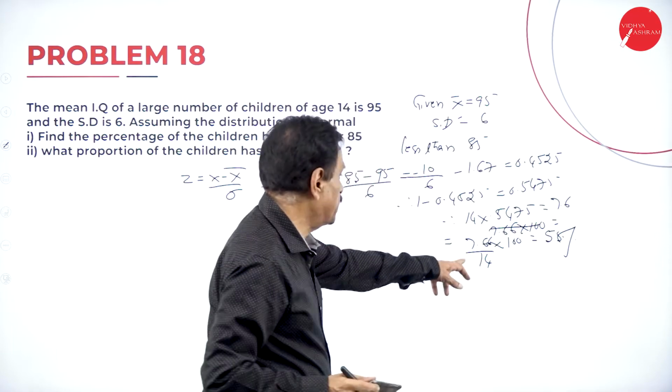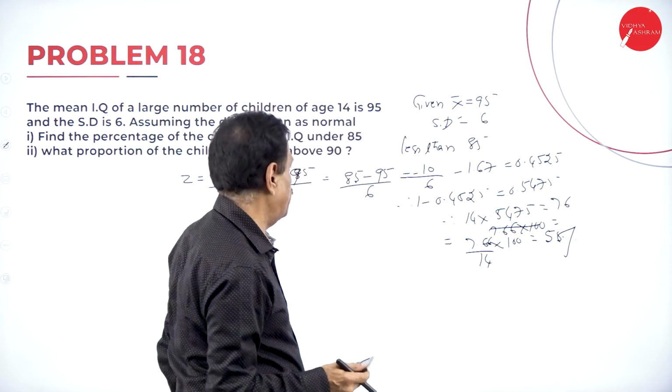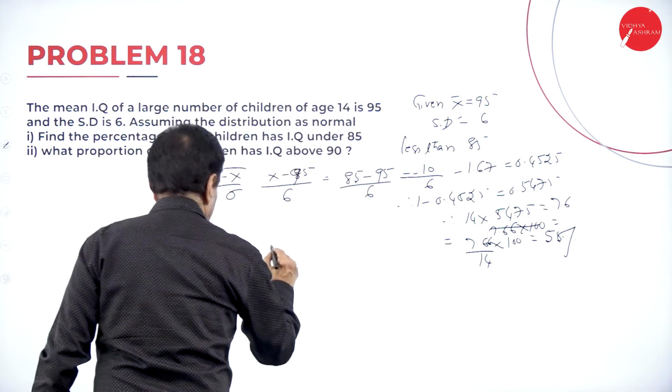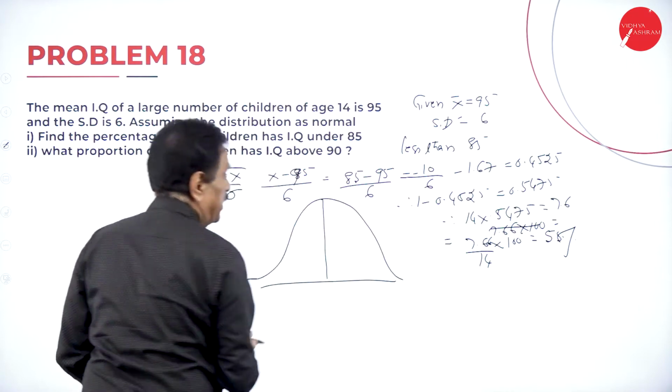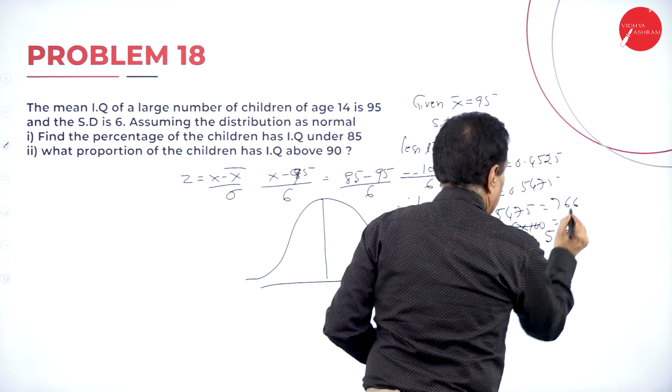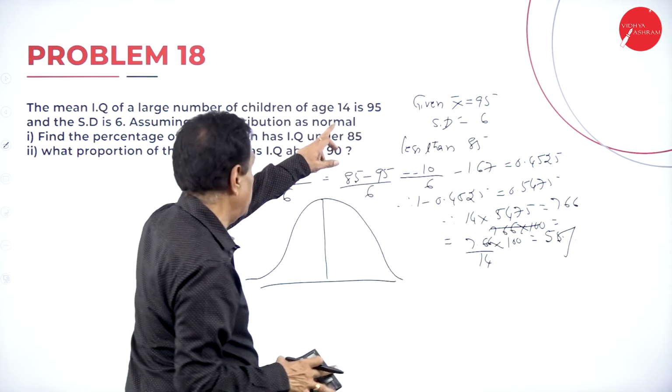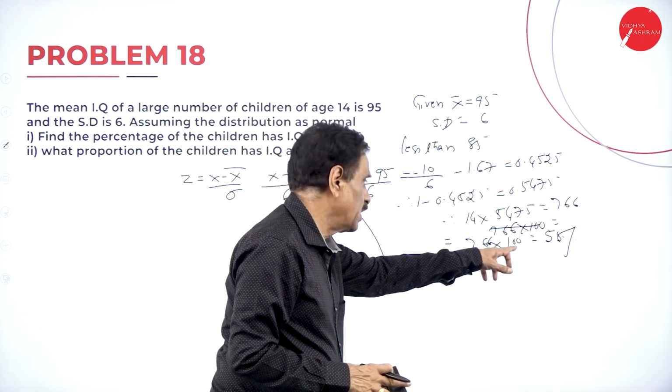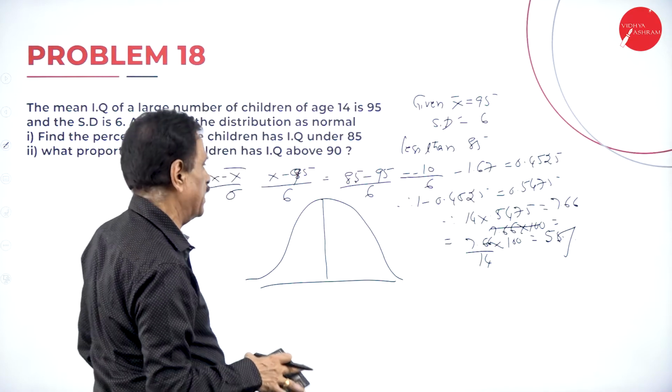For 14 it is 7.6, and for 100 it is 55%. We'll make the graph now.